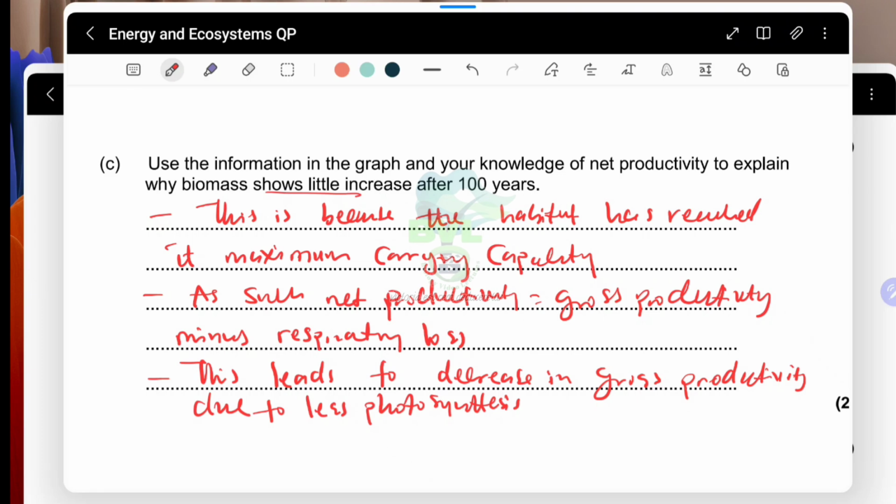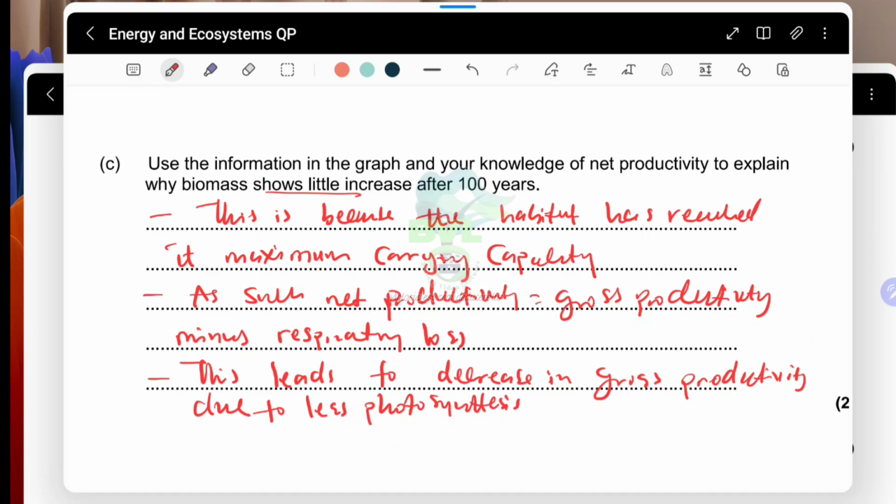I don't know if that explanation made sense, but the truth here is that in the context of productivity, energy, and ecosystem, your net productivity is what you get when you take away your respiratory loss, which organisms have used, from your gross productivity. So this leads to a decrease in net productivity due to what?